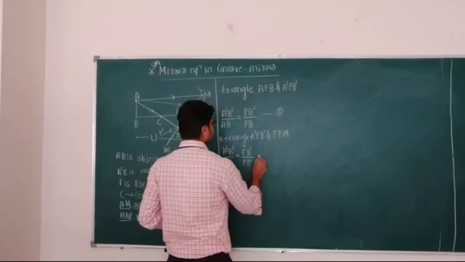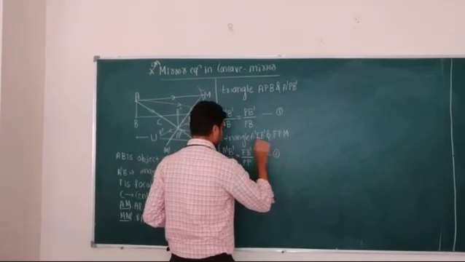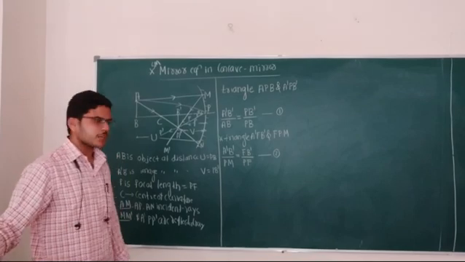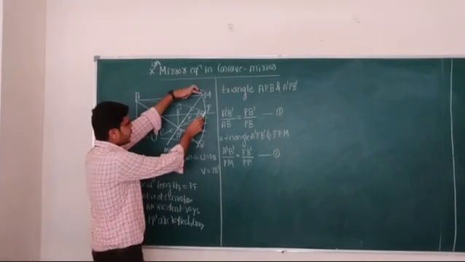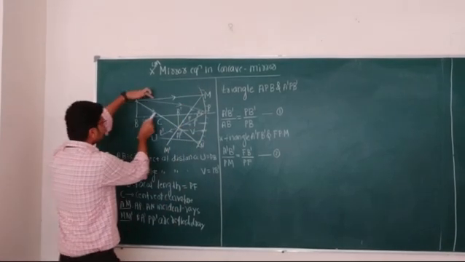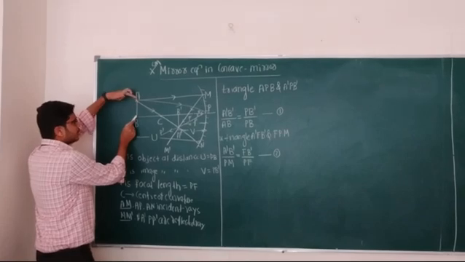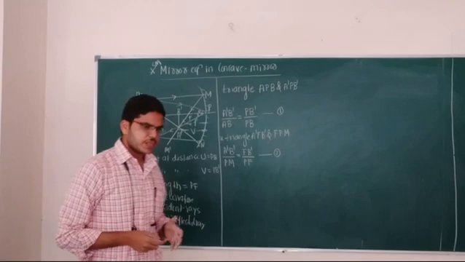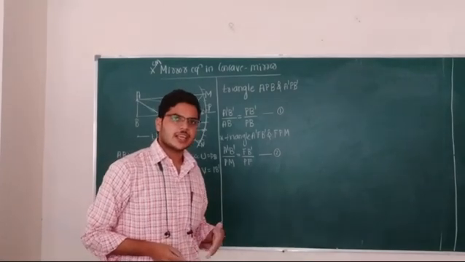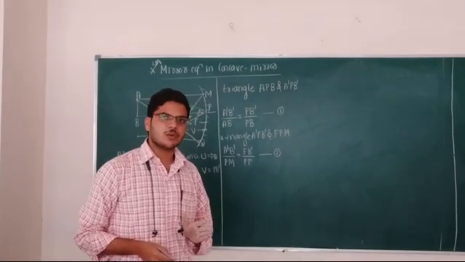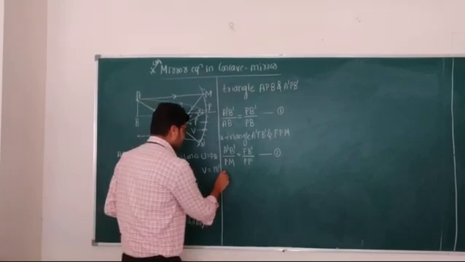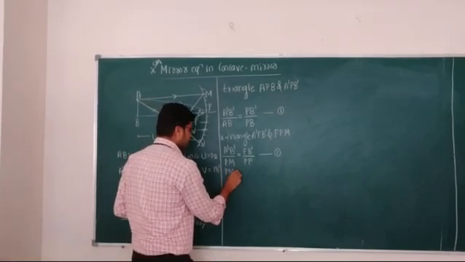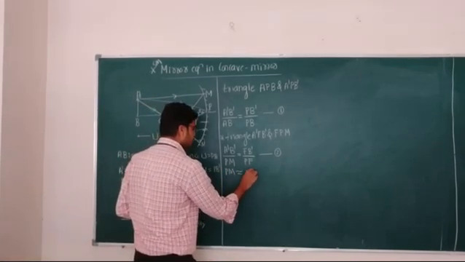Now if you look at the diagram clearly, this PM height is nearly equal to AB height. AB height and PM height are both the same. Therefore, I write PM height is nearly equal to AB height.